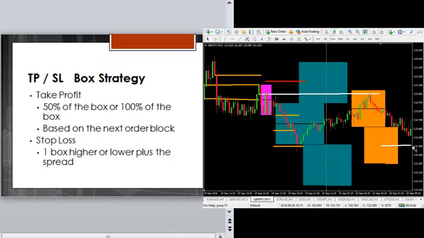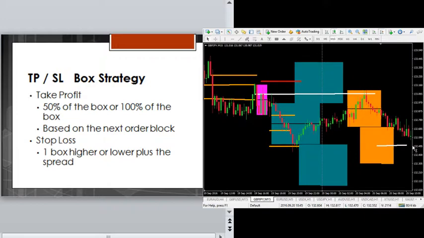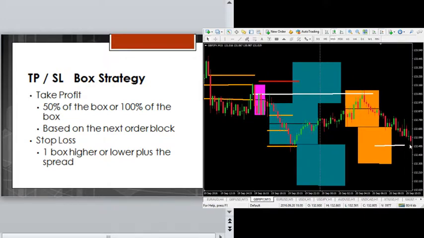I'm going to press F12 again. Yes, it did hit our 50% of the box, of the pre-London box, but we could also consider a sell on retracement based on this order block here. As it reached the 50%, it retraces. So we could enter on this area.